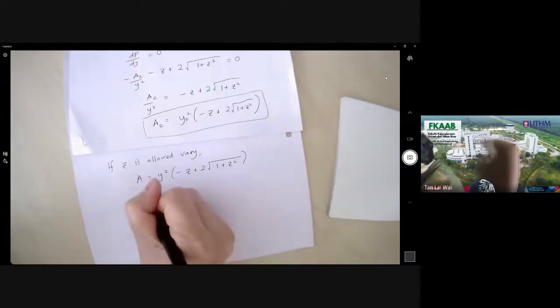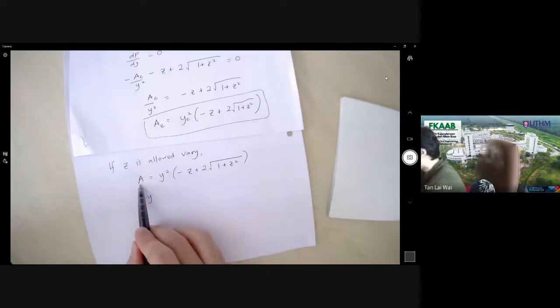I'm going to rearrange this. I'm going to allow A to be constant as well.